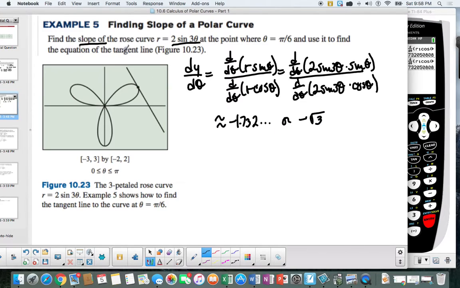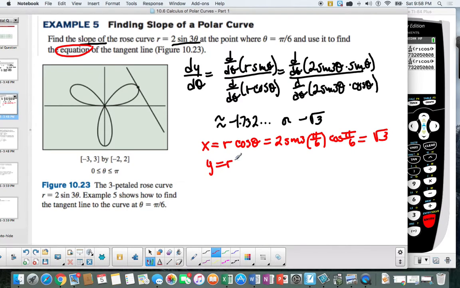All right, so I've answered the first part, but now the second part says to find the equation. And to find the equation, I need a point. So x is equal to r cosine theta, which means I'm going to take 2 sine of 3 evaluated at pi 6, and then I'll take the cosine of pi 6, and that's going to be equal to root 3 if you evaluate it. y will be equal to r sine of theta, which is equal to 2 sine of 3 times pi 6 times the sine of pi 6, and this will be equal to 1.